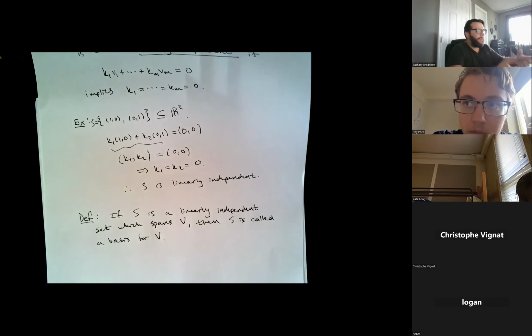So this decomposition into a linear combination of these basis elements is in fact unique.